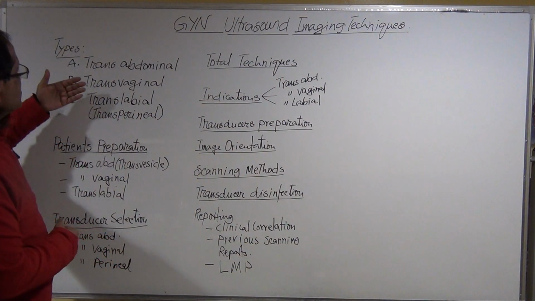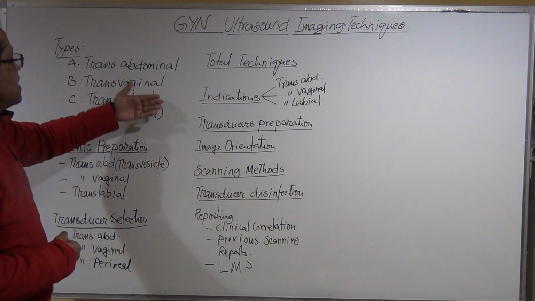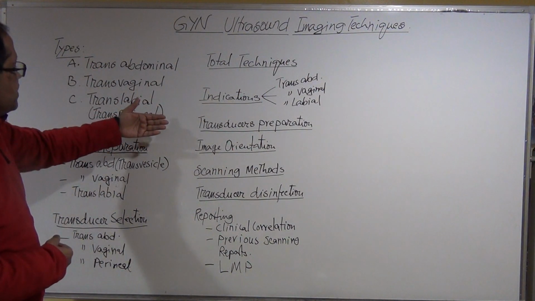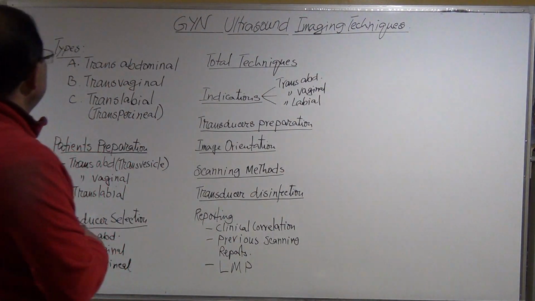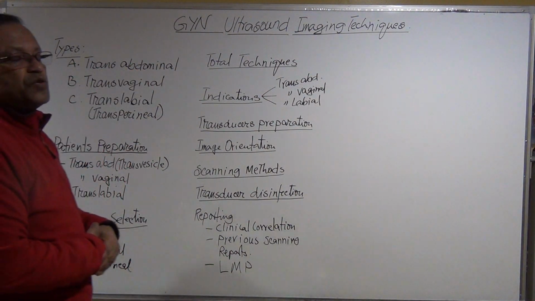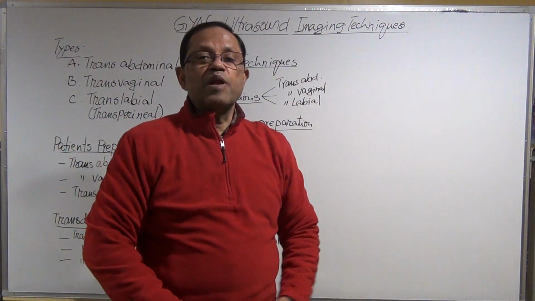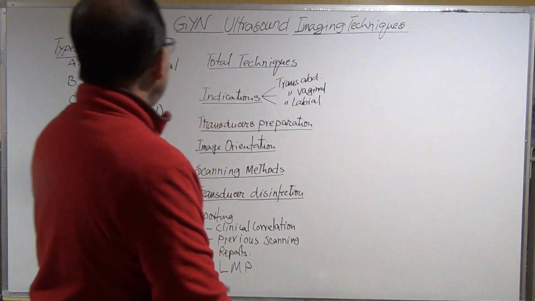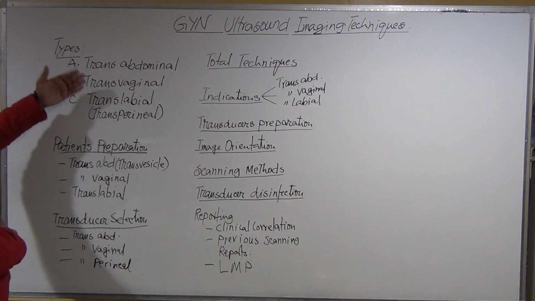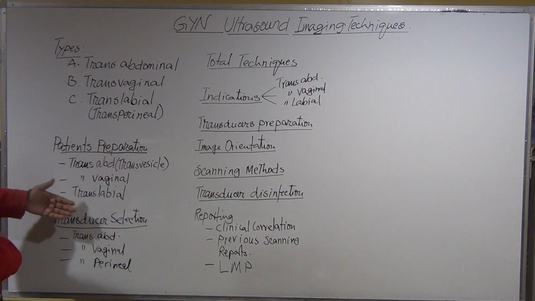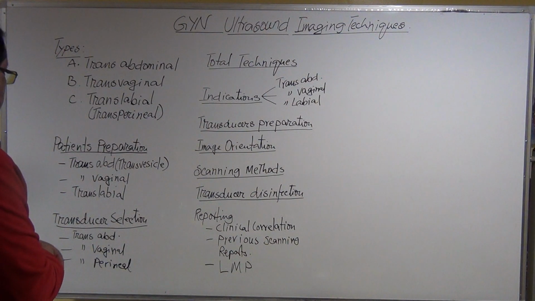So here I mention the types are transabdominal, transvaginal, and translabial, also known as transperineal. Transabdominal is also known as transvesical. Vesical means the bladder. Okay? So these are the 3 types, and for each type the patient's preparation is different.